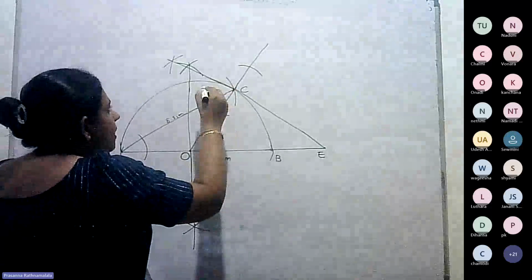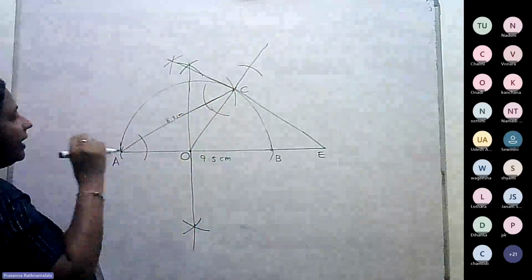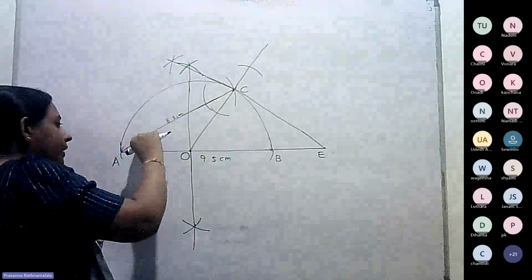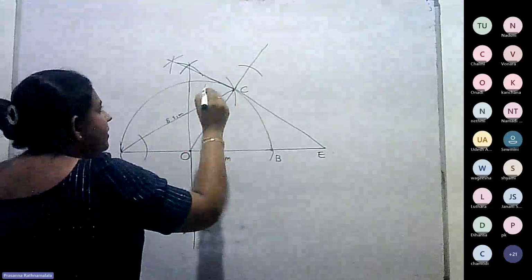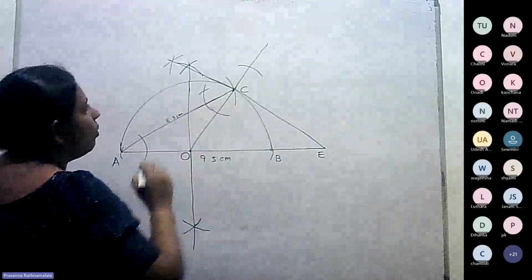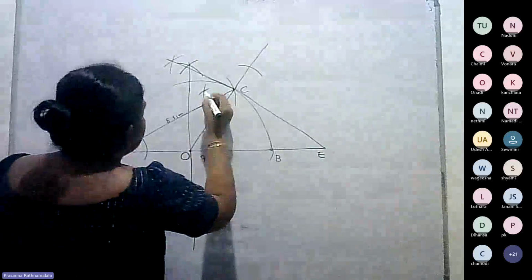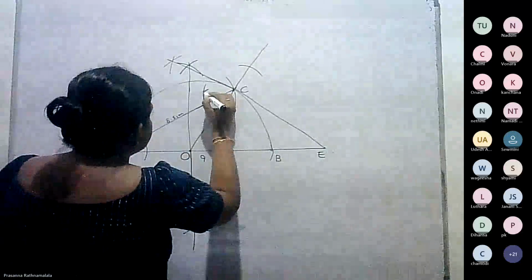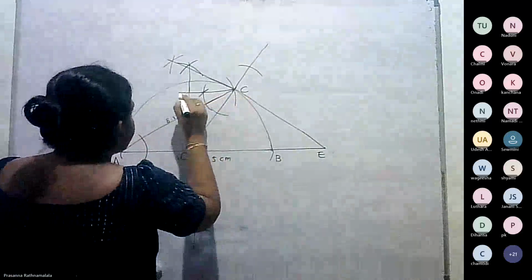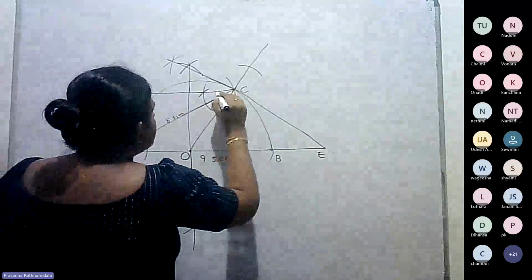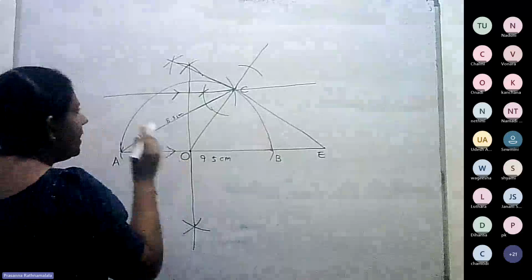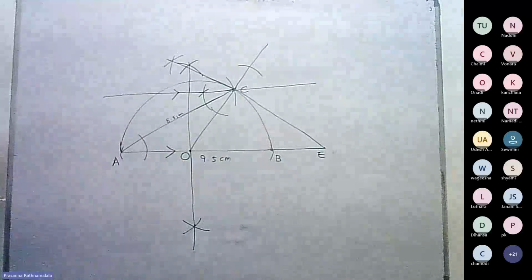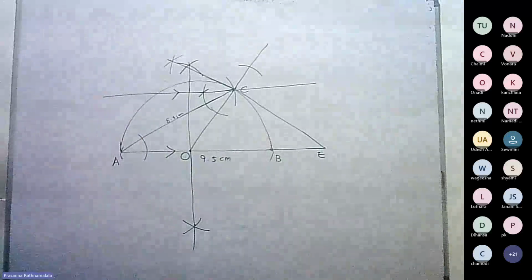Now you get the distance between these two intersecting points, and leaving the compass there, you draw an arc to cut the former arc. Now you can join and produce it. Then this is parallel to AB.